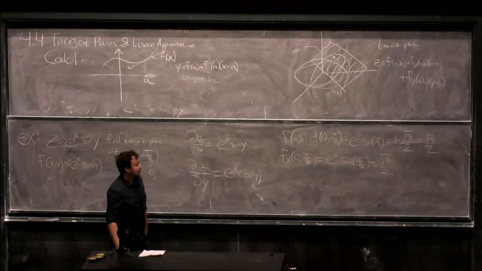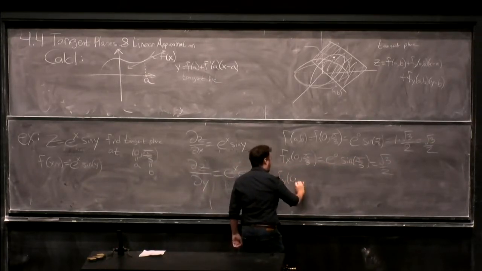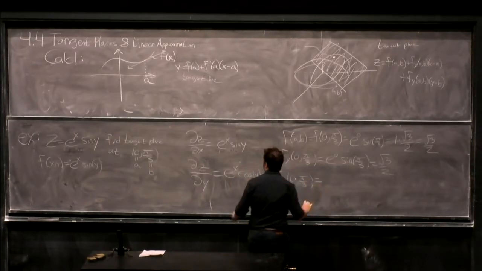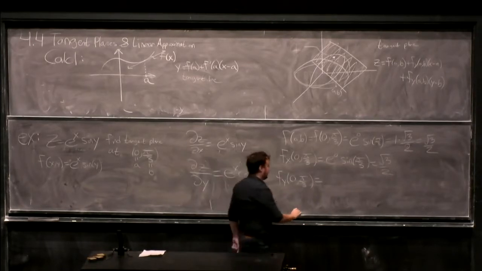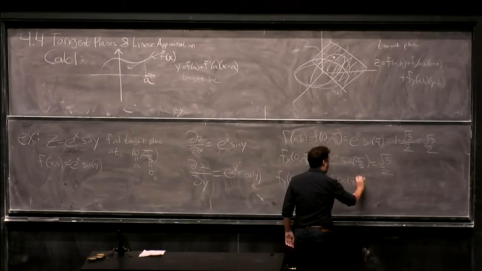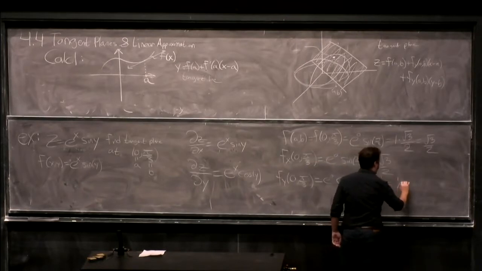And then lastly, for f y, that's at 0, pi over 3. That's going to be e to the 0 times cosine of pi over 3. Well, that's going to be 1 times 1/2, which is 1/2.